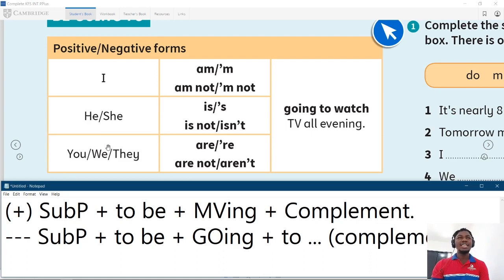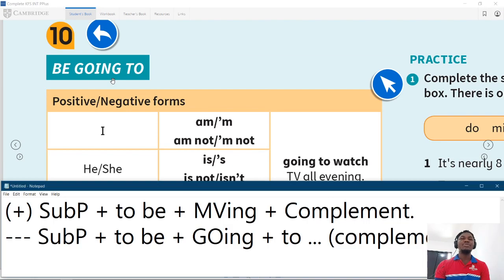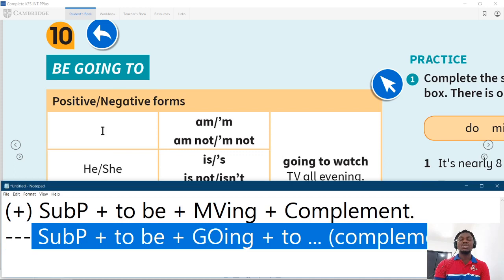Okay, guys, so you can see this is another type of present continuous. Be going to is a different type of present continuous, but this type only focuses on the future. It is the only present continuous that focuses on the future, not the present.